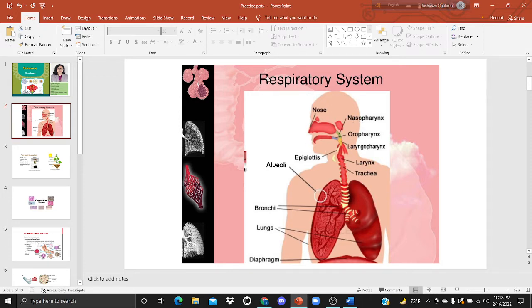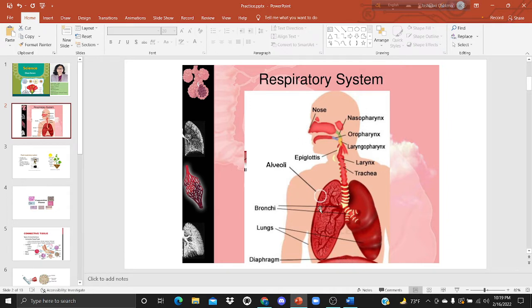They are the nostril and nasal cavity. This is called the nasal cavity. Nasopharynx, pharynx are three types, and larynx and trachea, bronchus, and lungs and diaphragm.